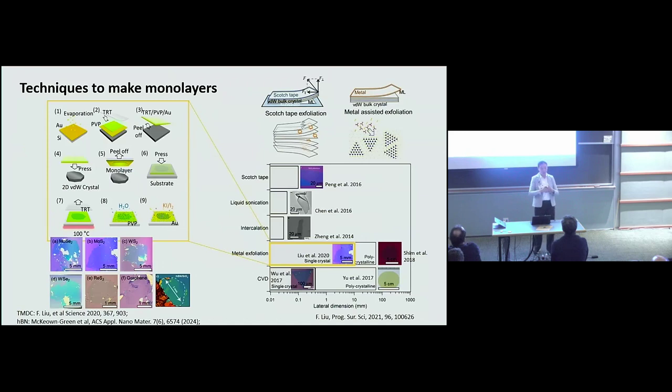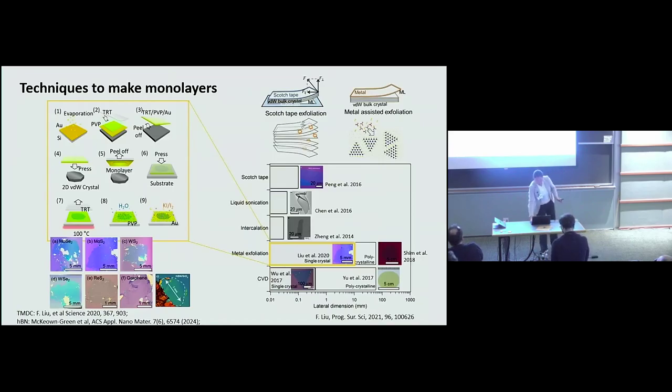That adhesion force is way stronger than the interlayer van der Waals force that holds the bulk crystal together. So using gold, we can exfoliate monolayers to a very, very large area. We initially made this work for a variety of transition metal dichalcogenides, and recently we have also made this work to create millimeter-sized single crystal monolayer graphene and hBN flakes.